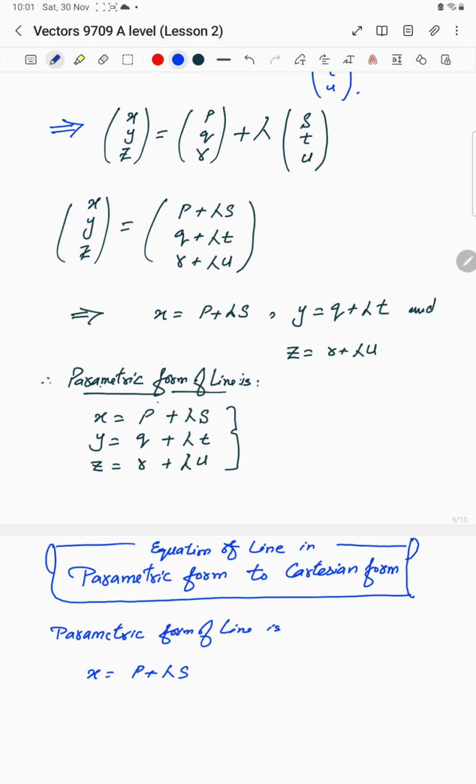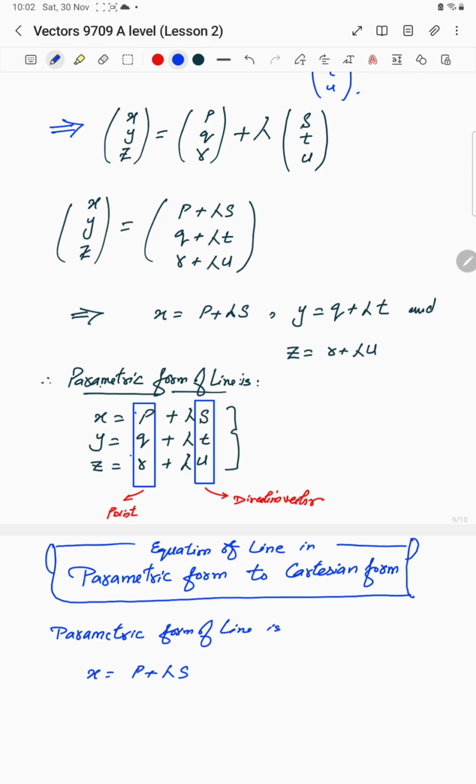Here we can see this is the point, and this is representing the direction vector, and x, y, z are the coordinates of the line.